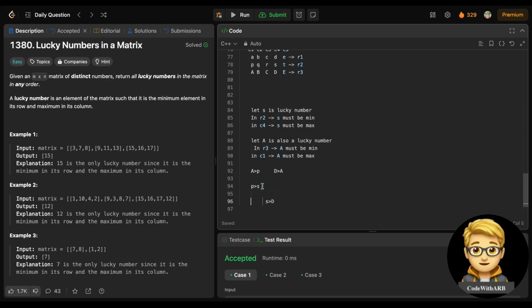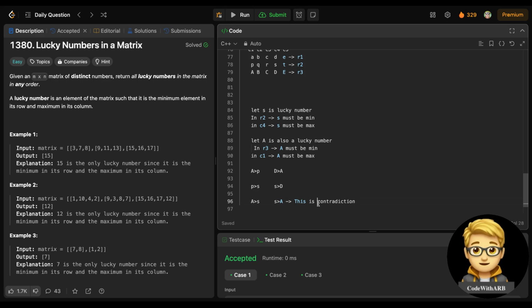So a must be greater than s. And from d greater than a and s greater than d, s should be greater than a. So this is contradictory, right?